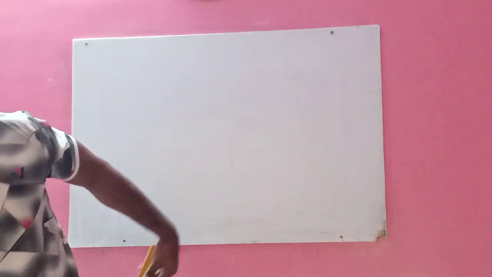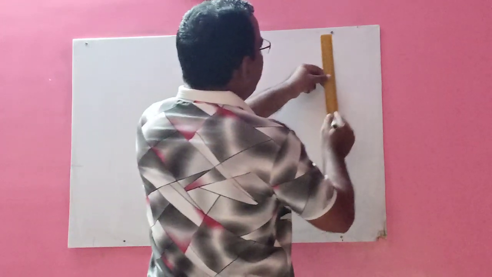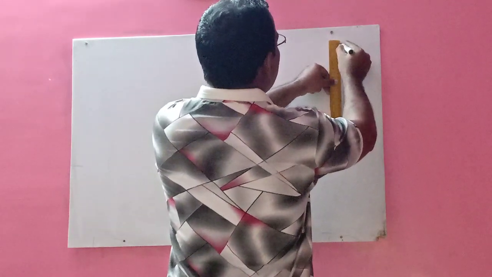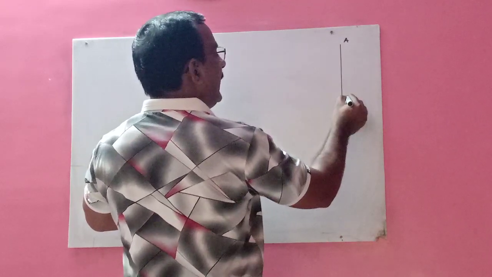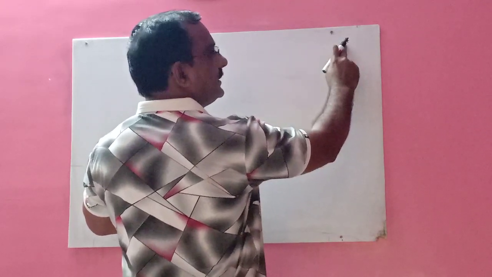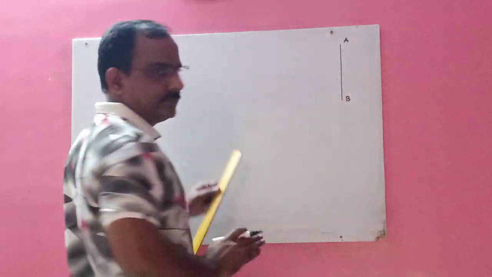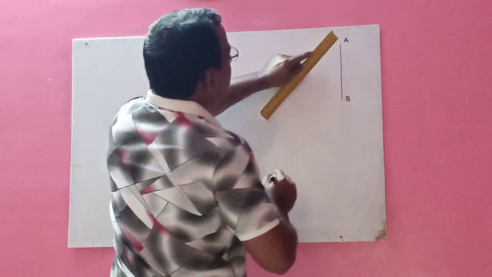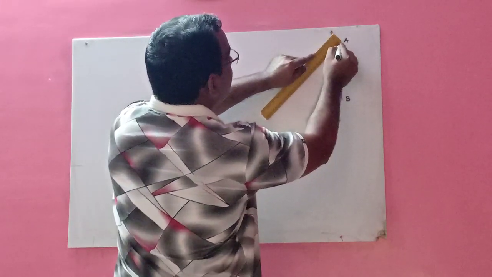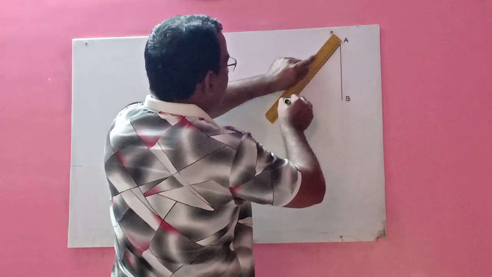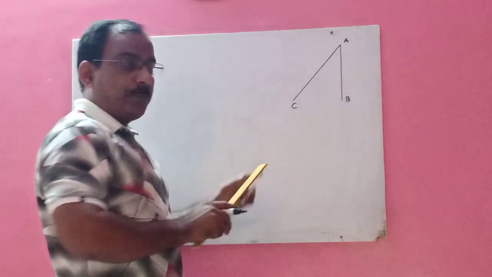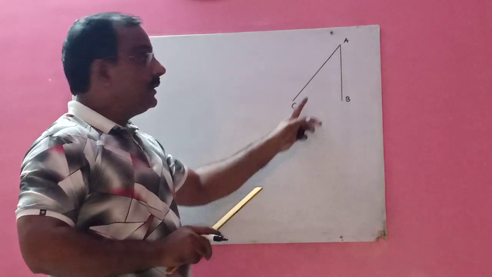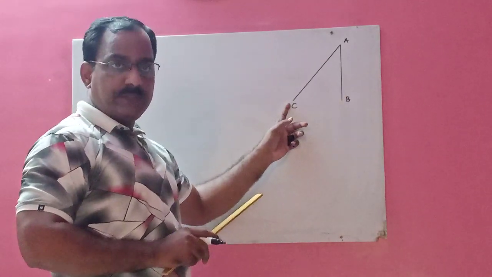Now see the diagram here. Let AB be the height of the kite from the ground, and this point C is the point where the string is tied with the ground.